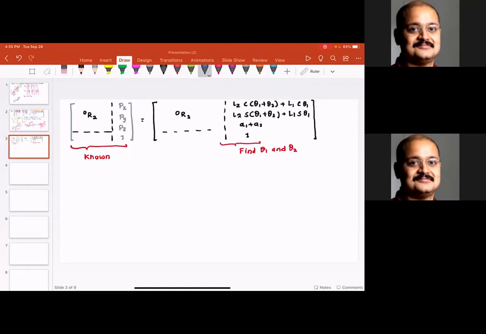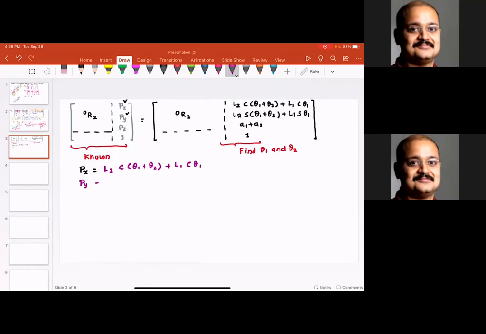I'm going to show exactly what I want to do. Px is known, Py is known, so I'm going to write it down like this. This is the most general trick and usually will work 90% of the time. Px is equal to L2 cosine of theta 1 plus theta 2 plus L1 cosine theta 1.